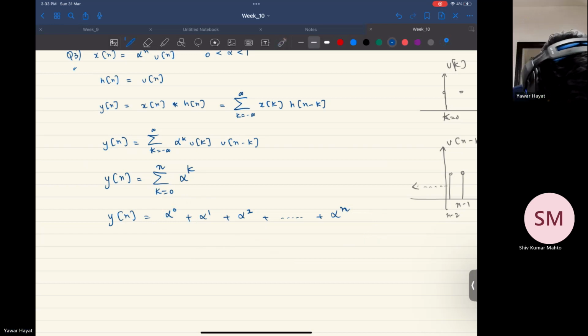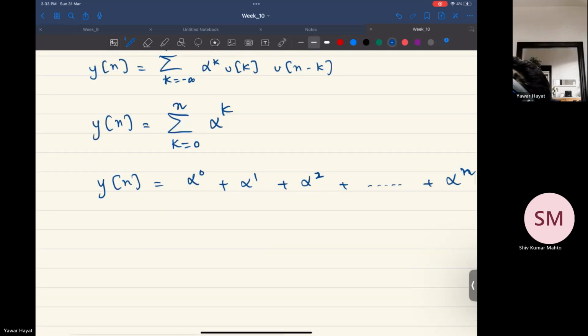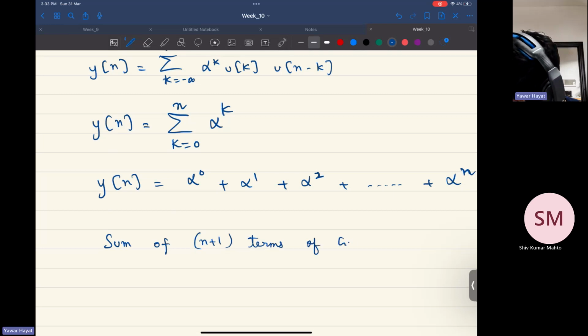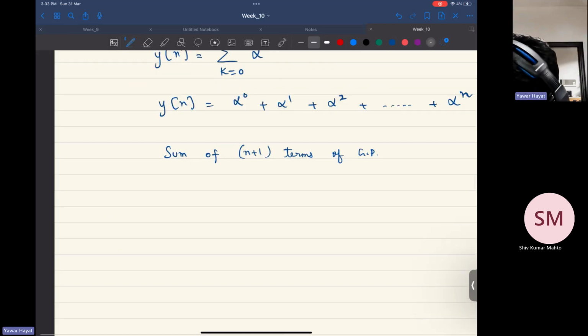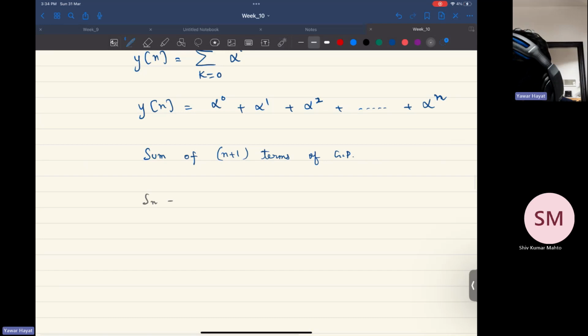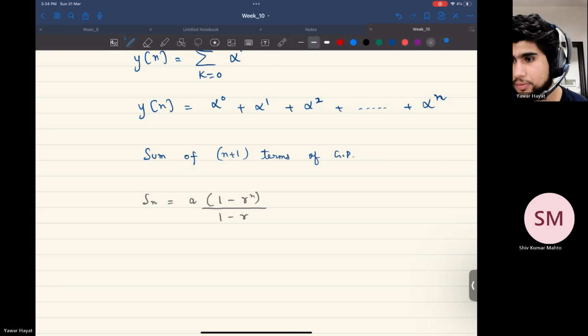So this is the sum of n plus 1 terms of a geometric progression. If you remember, you know this formula: the sum of n terms of a GP is well known. It's equal to a times 1 minus r to the power n, all divided by 1 minus r.